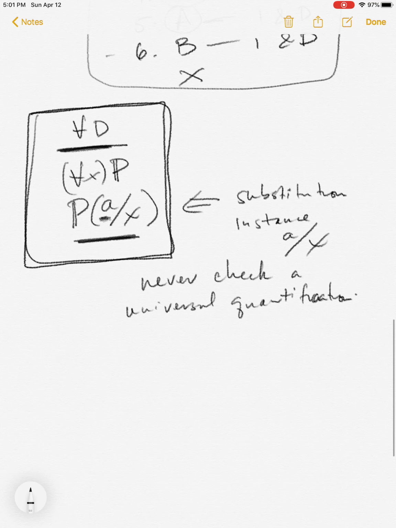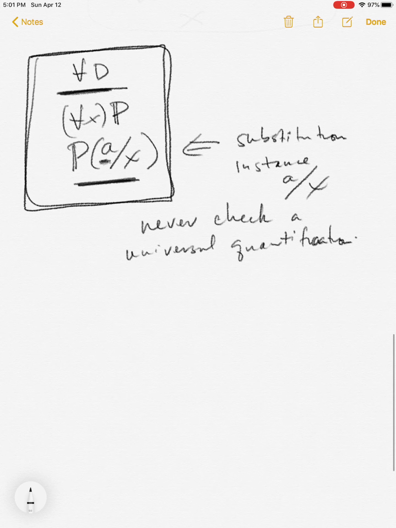But things are a little more complex with the decomposition rules for the quantifiers, because theoretically there is an infinite number of instances for any universal quantification.